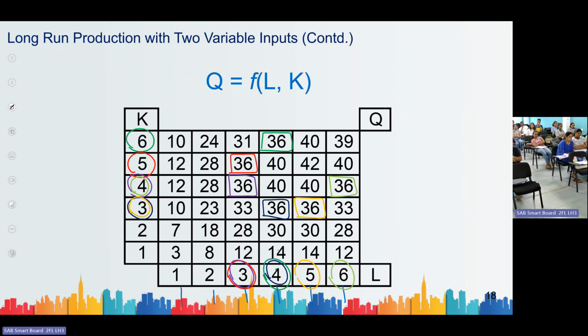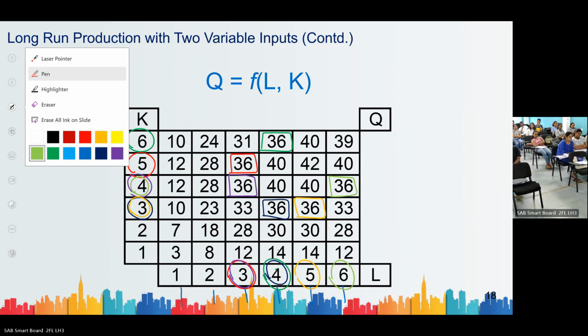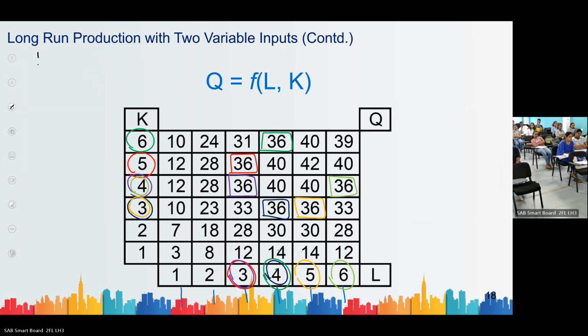So if I write capital input, labor input, and number of output here: capital, labor, output.